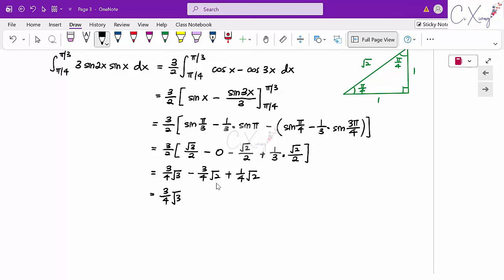Then you treat the sqrt 2 as an apple. So you have negative 3 over 4 apple plus 1 over 4 apple. Negative 3 over 4 plus 1 over 4, what do you have? You have negative 2 over 4, which is negative half. So you can see that this is how we keep our answer in the exact form.